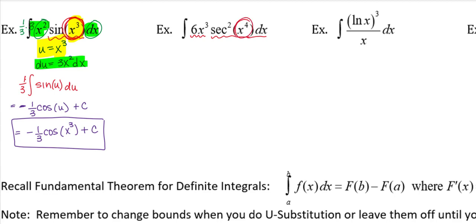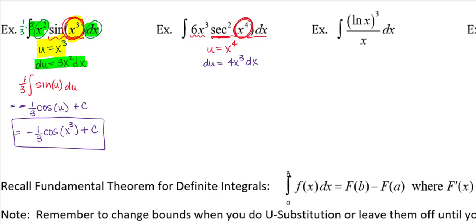So I see x to the 4th inside of a trig function, so that's my angle. So I'm going to let u be that x to the 4th. And again, you're going to be able to tell pretty early on if this u substitution is going to work or not. Take a look at your du. Your du tells you whether this is going to work.